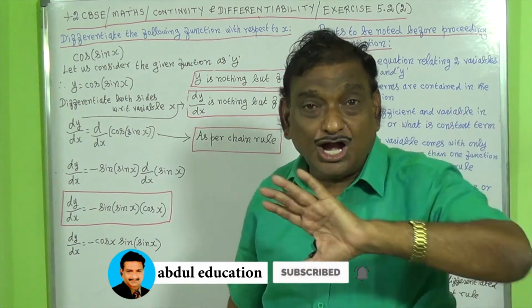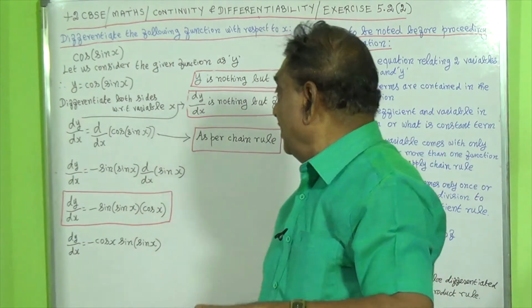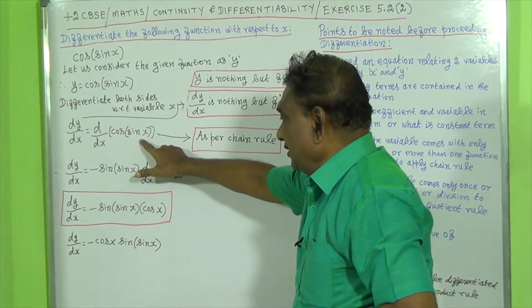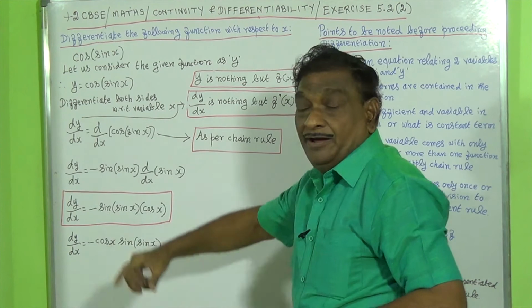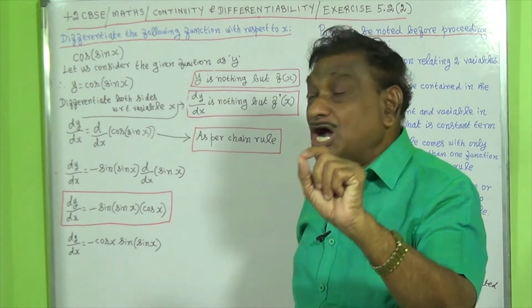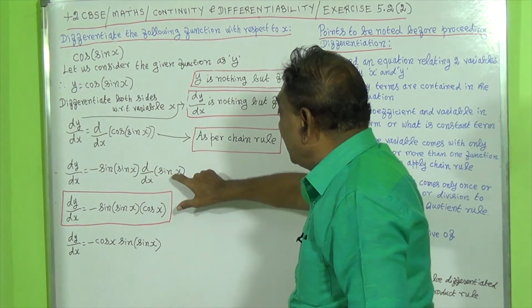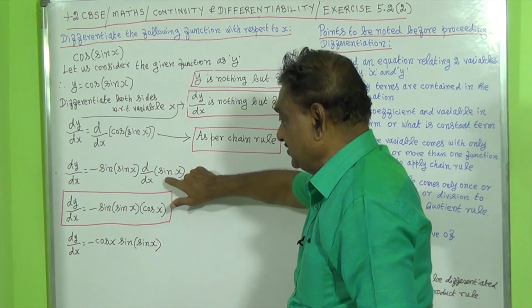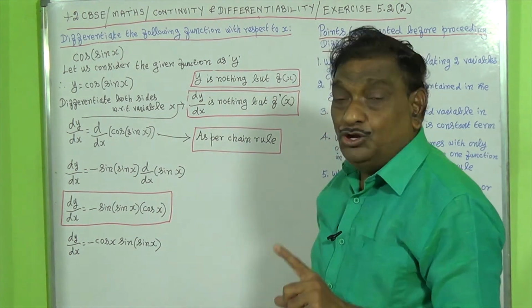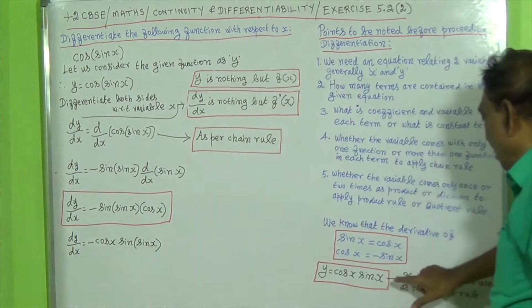Our duty is not over. Then we have to differentiate sin x. First of all, we have differentiated only the cos function. Then we have to differentiate the sine function, that is sin x. We know that on differentiating sin x, we will get cos x.